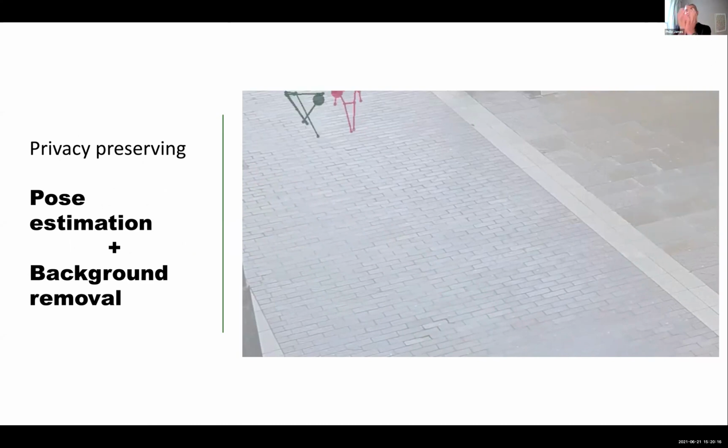So we've got all of the data we need to understand, but there's nothing there that is recognizable. I love this one. They're holding hands. How gorgeous is that? There's nothing there that's identifiable in terms of privacy. So we can do it. We just have to think how we do it and do it properly.